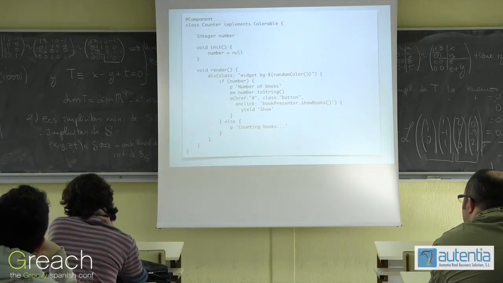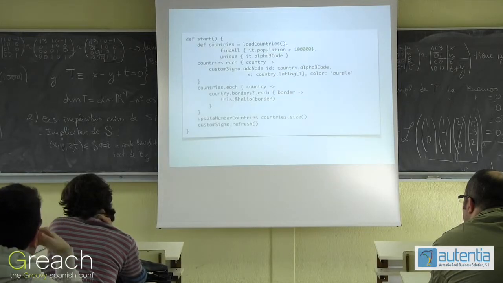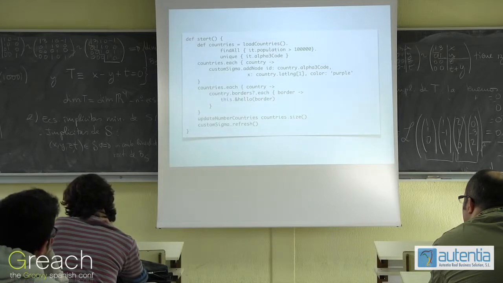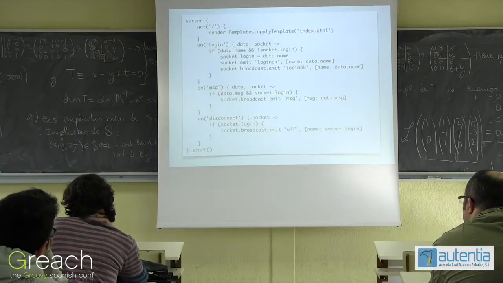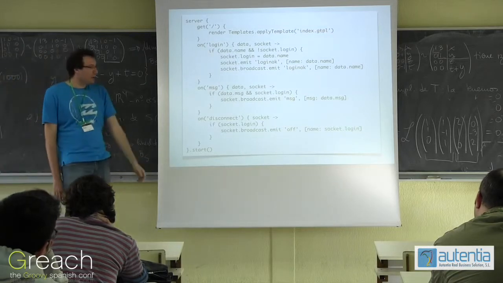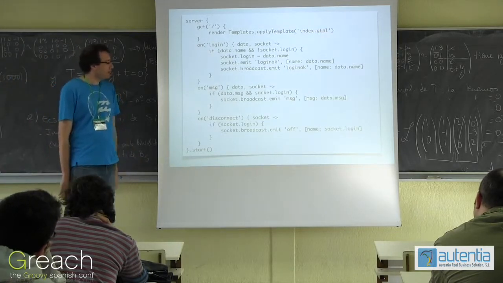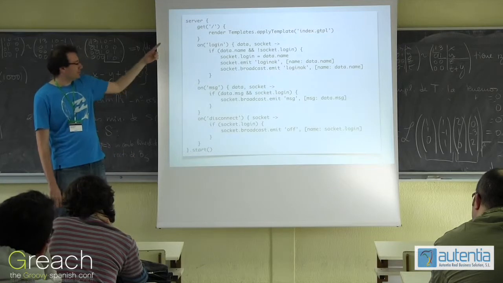Here are some examples of code. This is the component that I have shown before. Also, you can use all the Groovy list things, closures, all the good stuff. You can create very nice DSLs. This is a DSL that works with Node.js and Express.js.